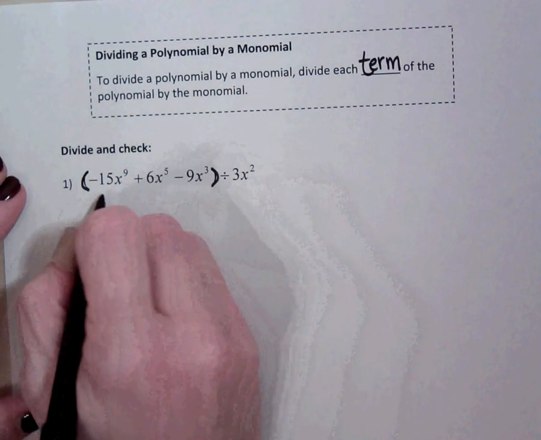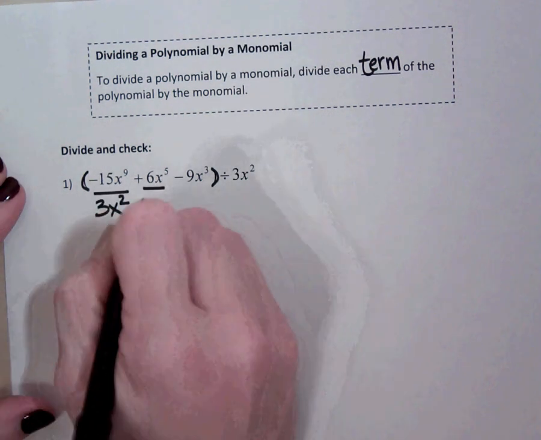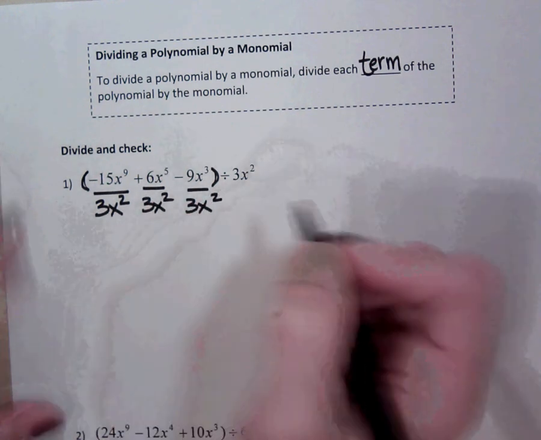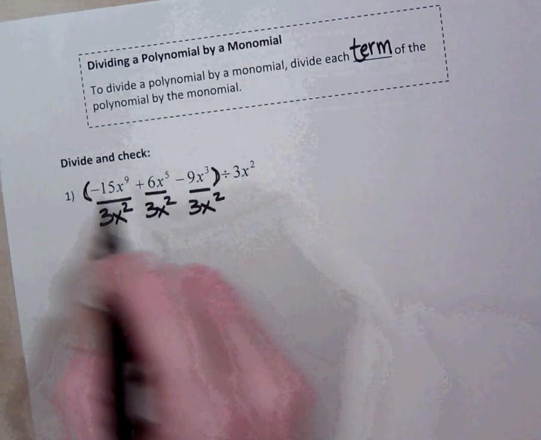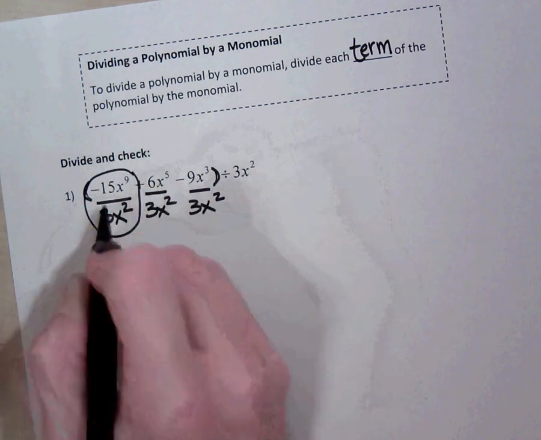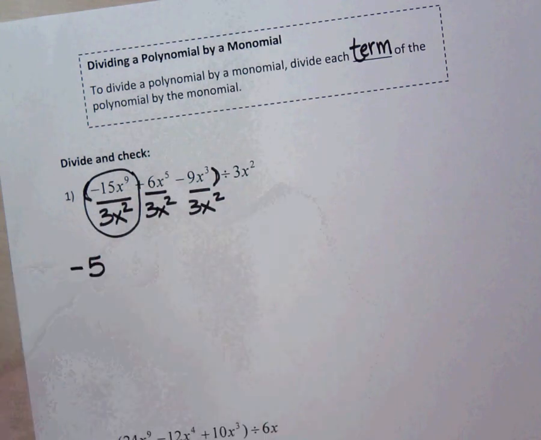So what I'm going to do here is divide every term by 3x squared. Okay, so let's do these one at a time here. So let's look at this one first. Negative 15 over 3 is negative 5.